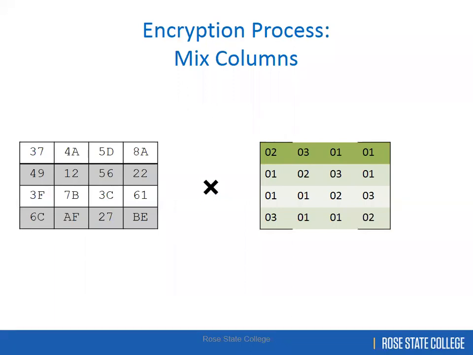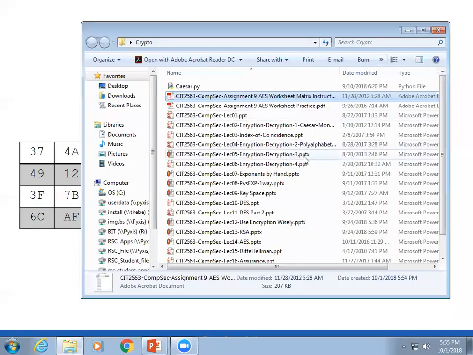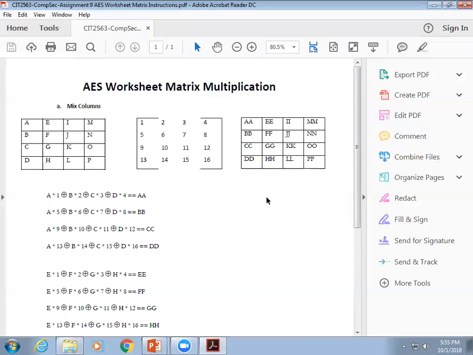Now the fun part, MixColumns. And let me pause this for just a second. Okay, we're going to walk through MixColumns here. When you use MixColumns, I gave you this worksheet right here. This will help you figure out which way they go.